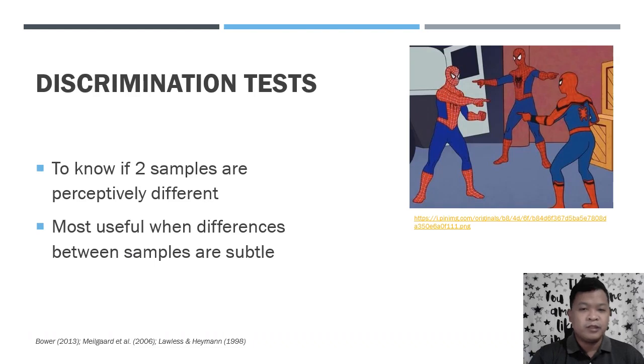So discrimination or difference tests are used when you have at least two samples and you want to know if they are perceptibly different. Usually there are two levels to this, and the first level, you don't want to know the direction of the difference, or rather where the difference lies. So the basic question is, may pagkakaiba ba sila? Okay?